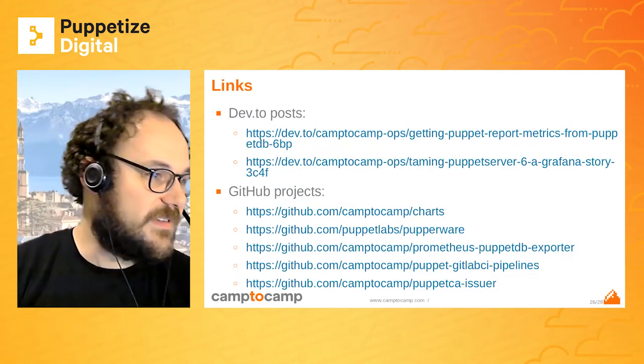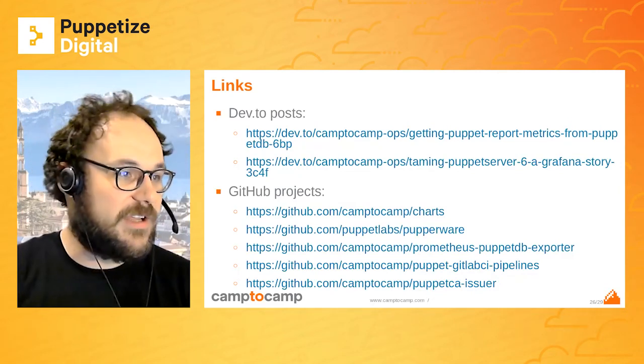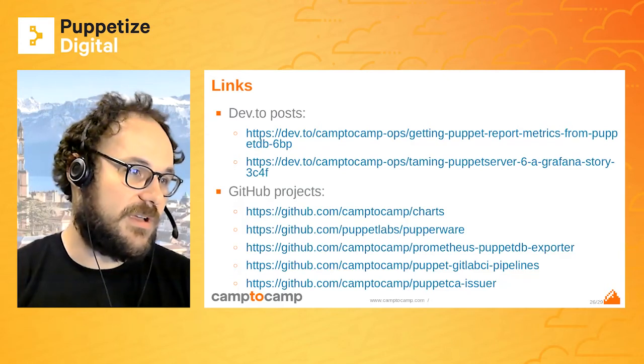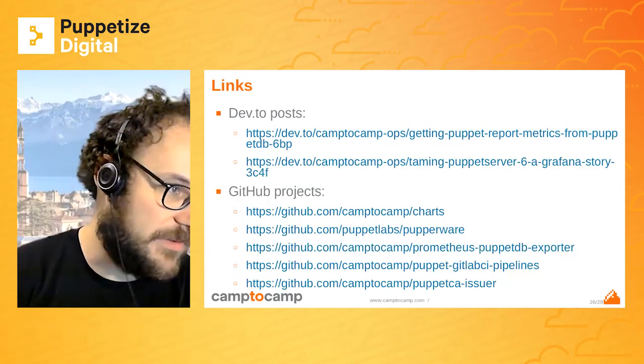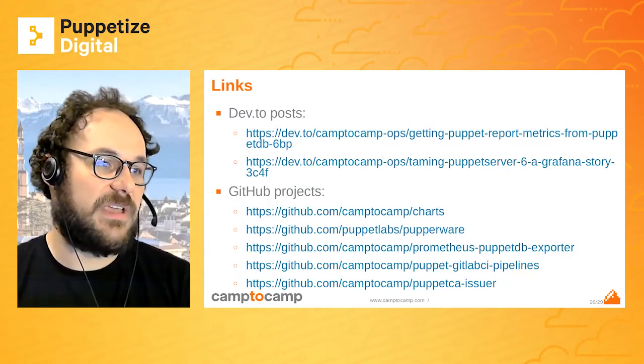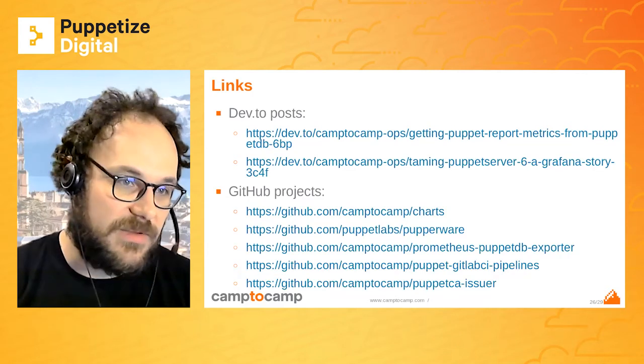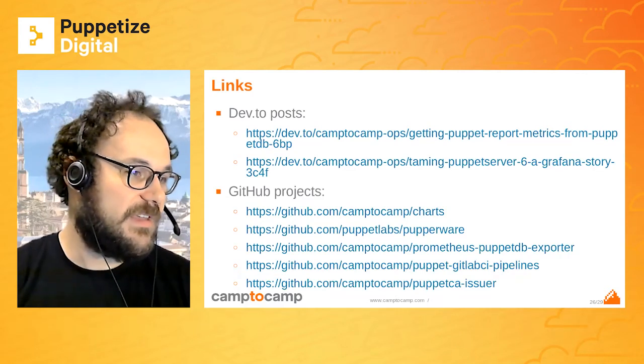So this is a summary of information you can find on the subject. I've written a few posts on dev.to about specifically the metrics that we get from this and the benefits we get from Kubernetes to debug the stack whenever there's problems.